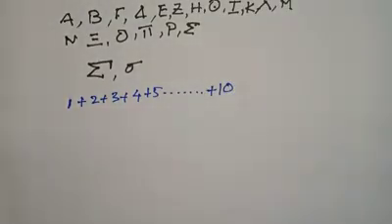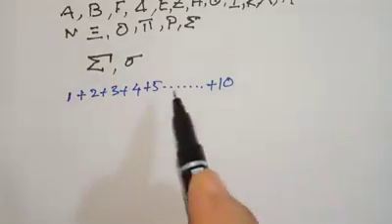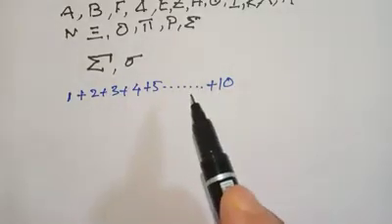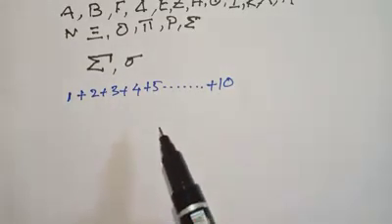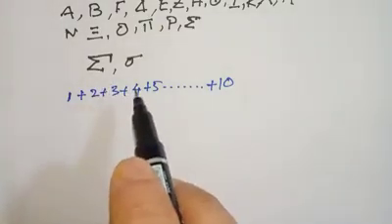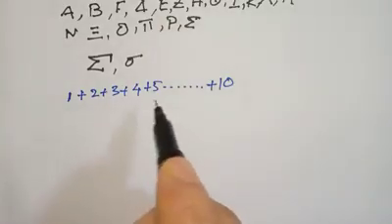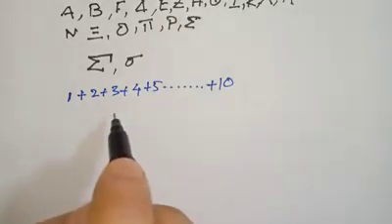How can we write it? If you write this series 1 plus 2 plus 3 plus 4, it takes a longer space and looks cumbersome also. So can we use the sigma notation to sum it up and write it in a much cleaner way? This series from 1 to 10 can be written in this way.